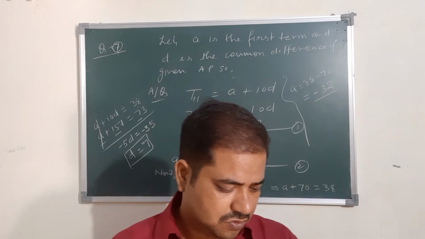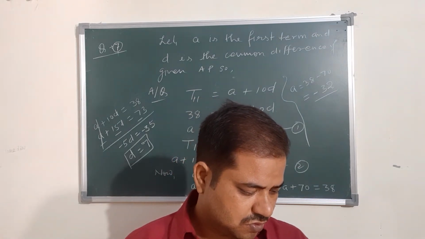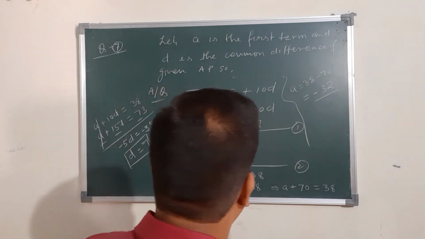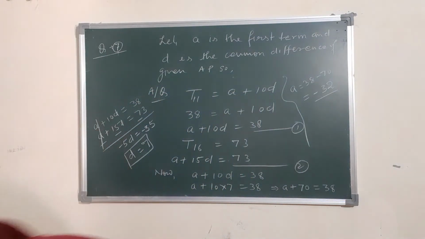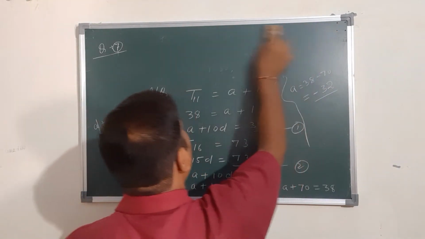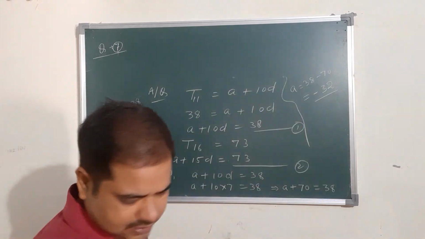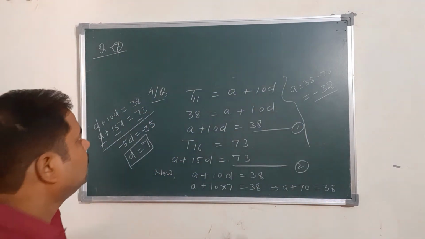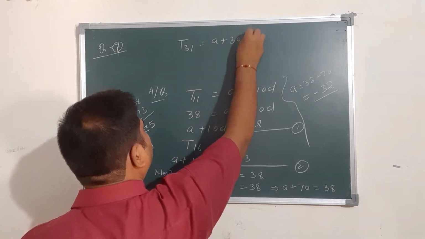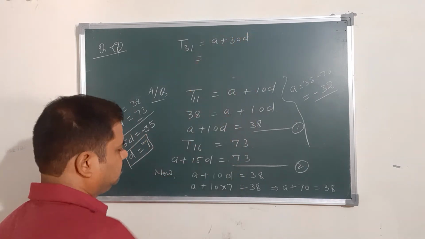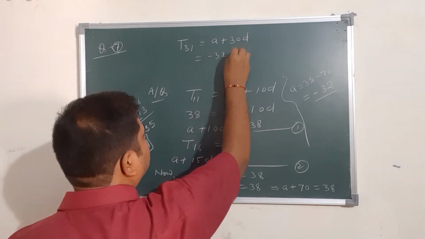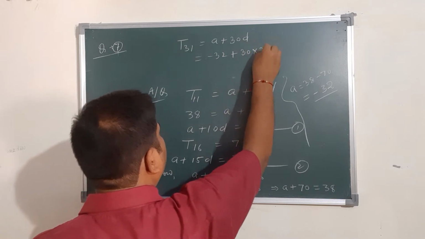Now we need to find the 31st term. So the 31st term is T31, which is equal to A plus 30D, that is minus 32 plus 30 into 7.